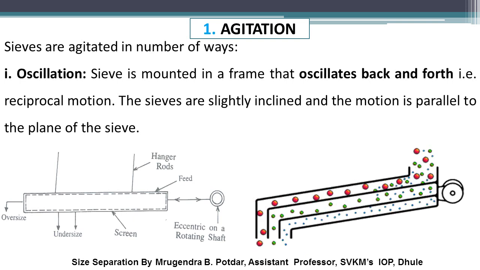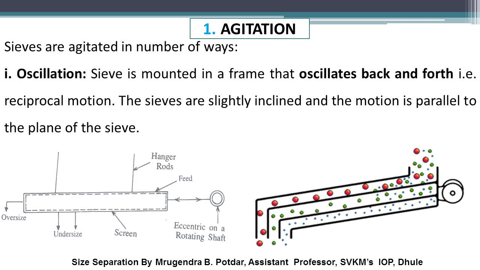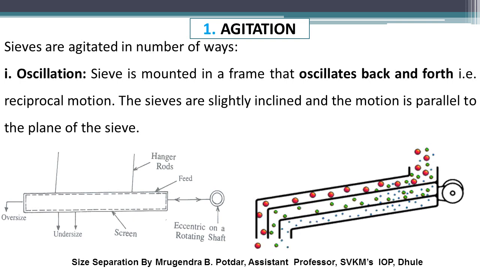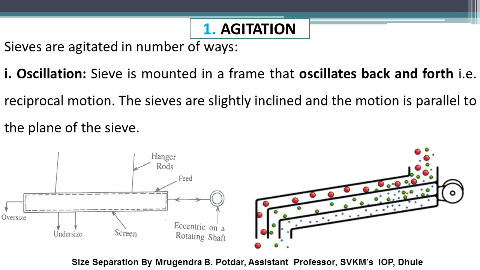So when we place a set of sieves, oscillation will take place, that is, movement of those sieves back and forth. Due to that oscillating motion, the exact size separation will take place.